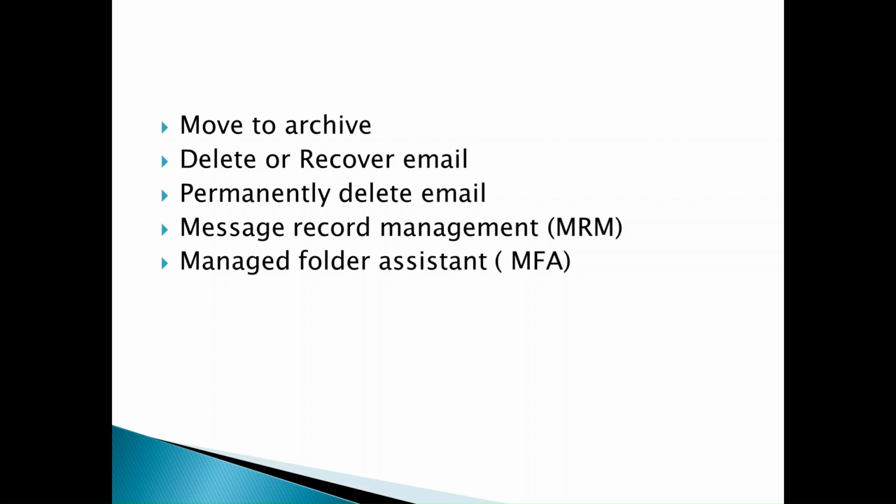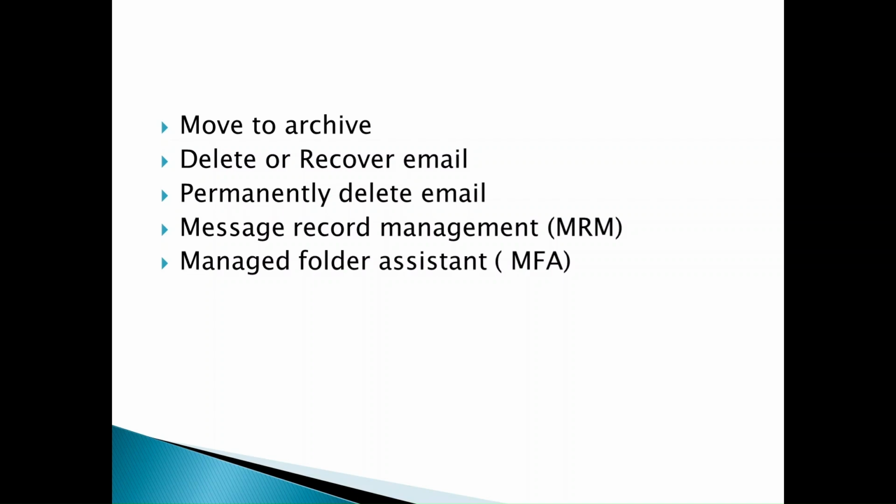Let's say we have created a default policy tag to move the emails to archive that are older than 1 year, or we have created a tag which can be used to delete or recover email, or a tag to permanently delete an email.